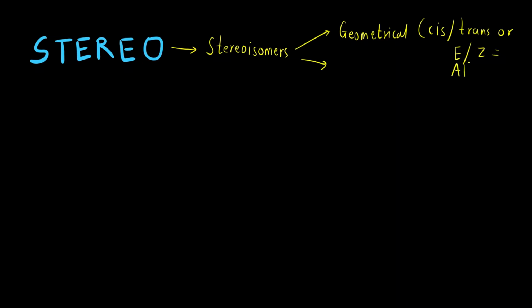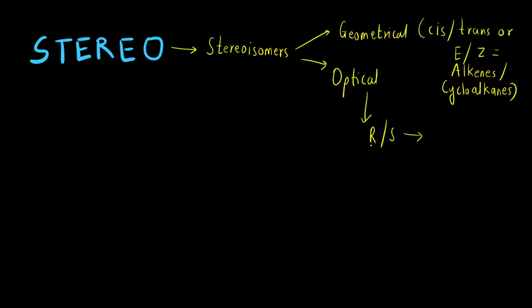Example is alkenes or cycloalkanes. In cycloalkanes also we can see cis-trans. And another example of stereoisomer is optical. Optical isomers, we know they are RS isomers. Molecule having R and molecule having S configuration. These are what? These are enantiomers.